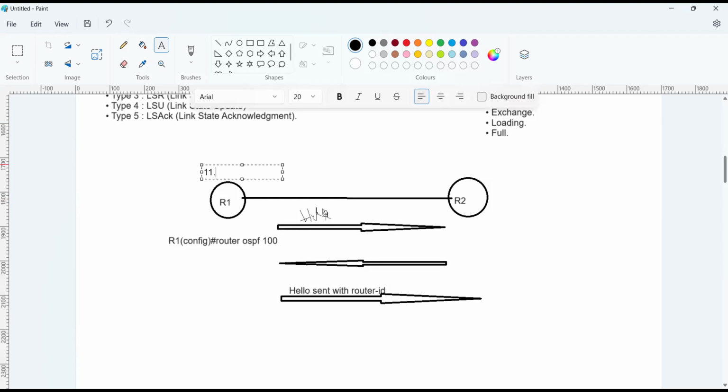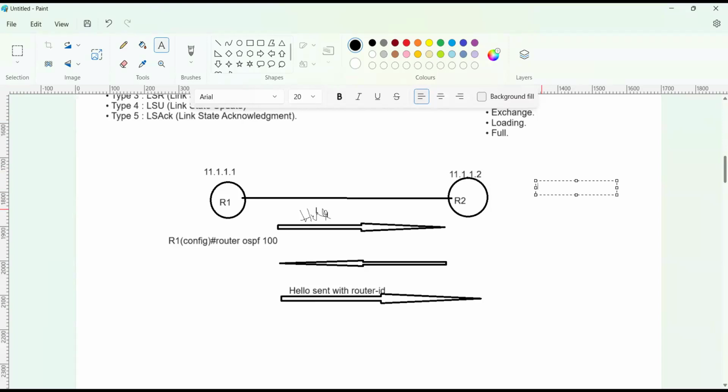router ID. For this router ID, we can configure it manually; if not configured manually, it will be elected dynamically.